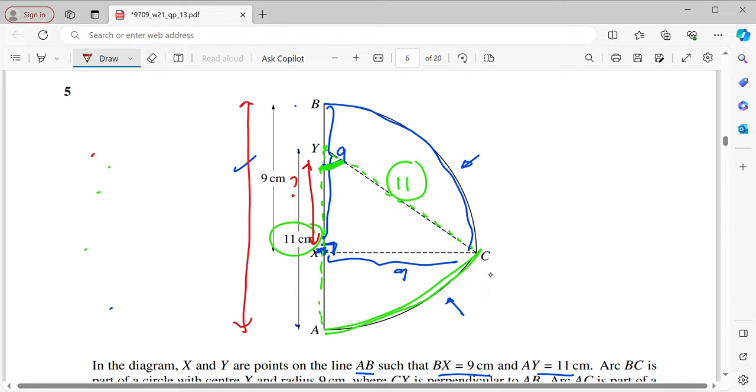But this XY can be found using the triangle XYC, because this is a right angle triangle. So the XY value can be found using Pythagoras theorem, because we know the hypotenuse and we know the side here.